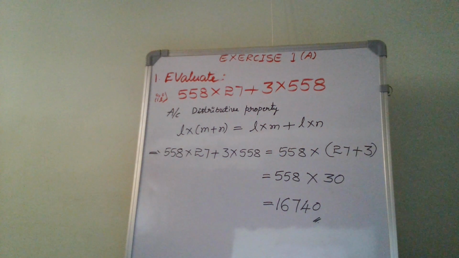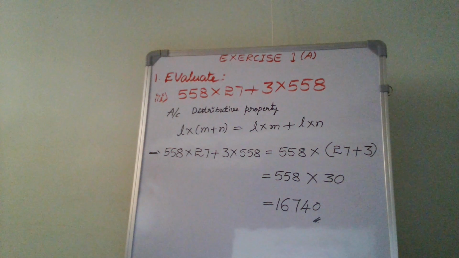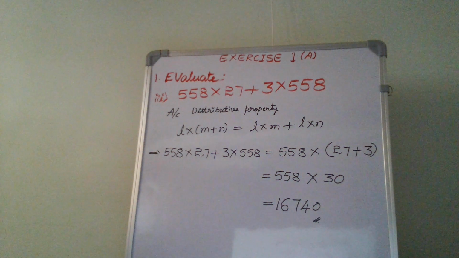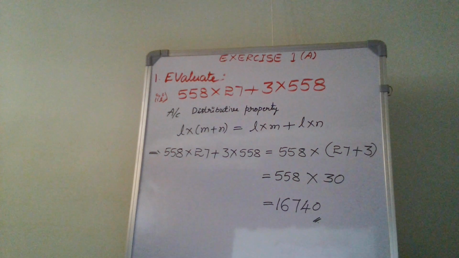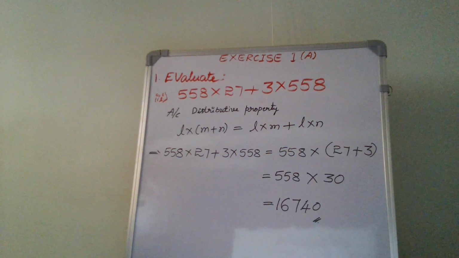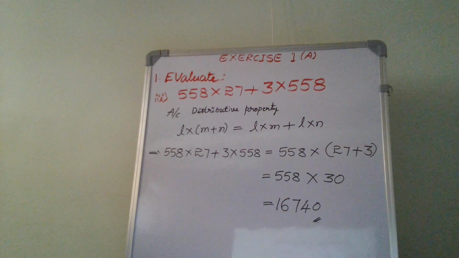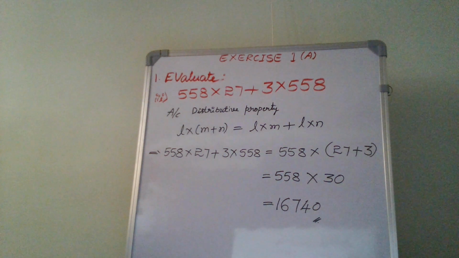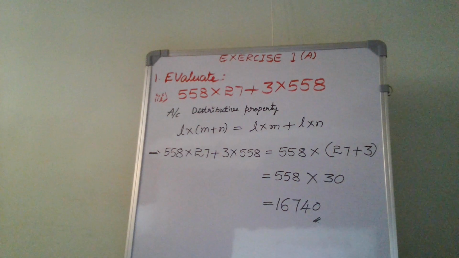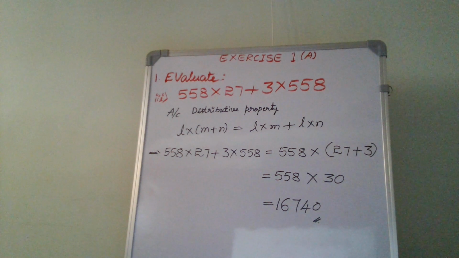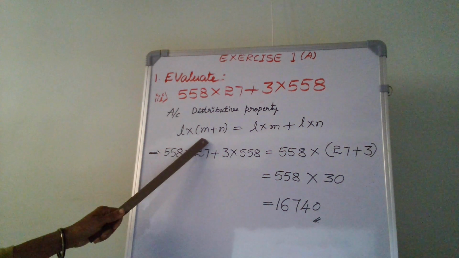Third problem. 558 into 27 plus 3 into 558. This is also the same as the previous one. According to the distributive property, L into M plus N is equal to L into M plus L into N. Right? This is the distributive property.